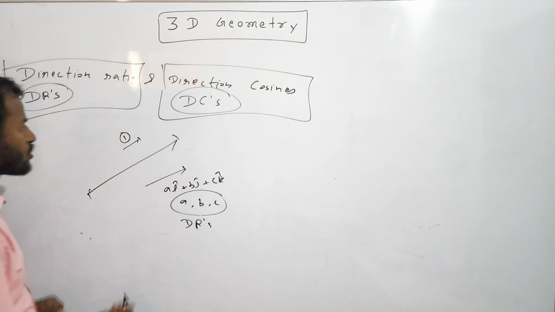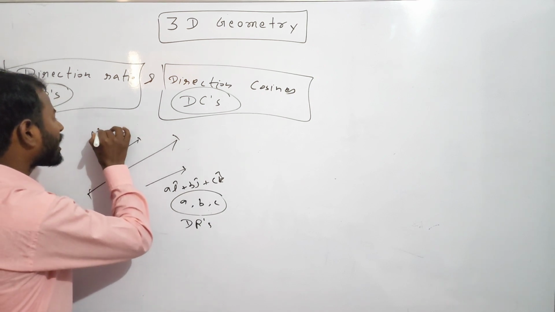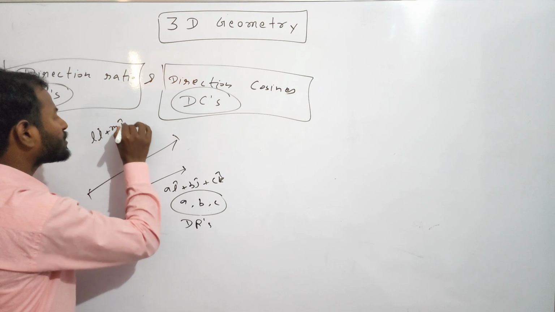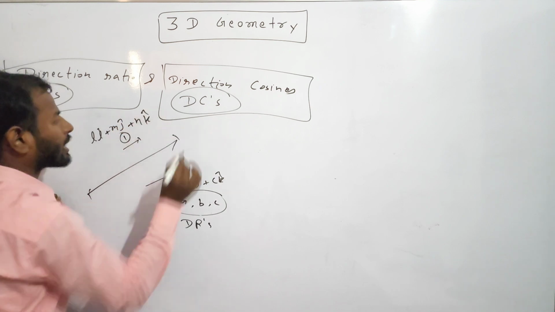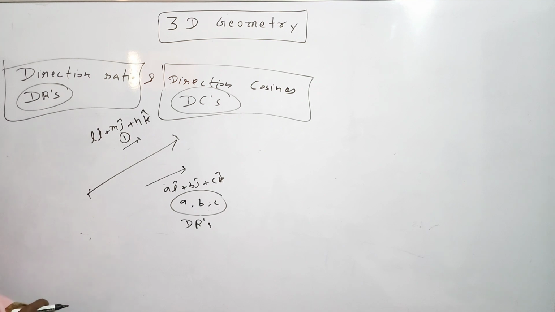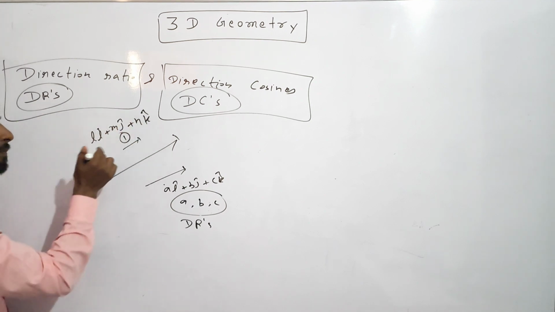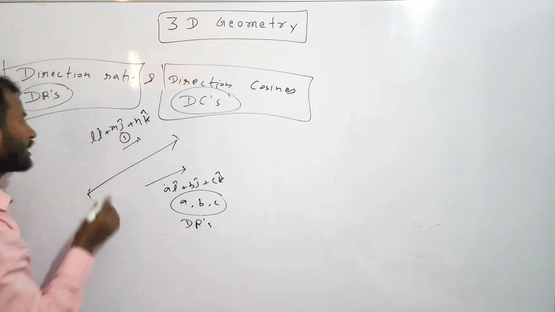So generally we write this vector as l i cap, m j cap, n k cap, parallel vector as well as unit vector. So the coefficients of i cap, j cap, k cap are direction cosines.